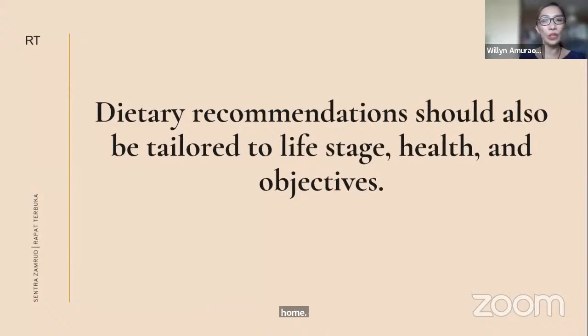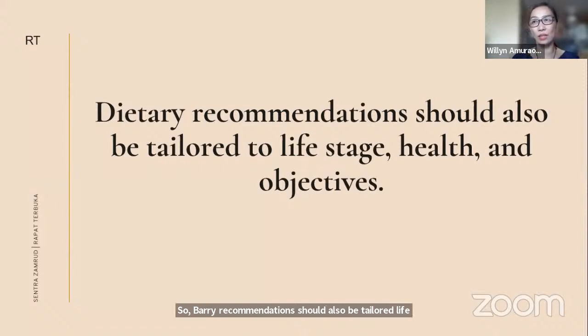So dairy recommendations should also be tailored to life stage, health, and objectives. A growing child has different nutrient needs than a pregnant woman. What does a pregnant woman need? We need folic acid. Folic acid is needed for the development of the brain and prevention of neural tube defects.